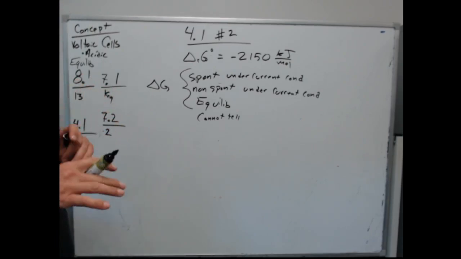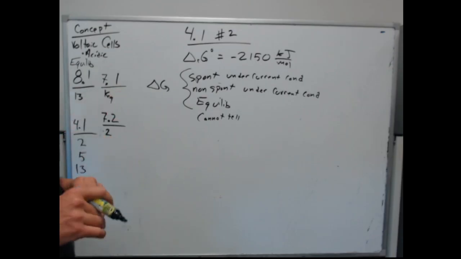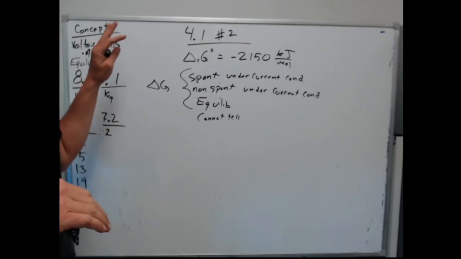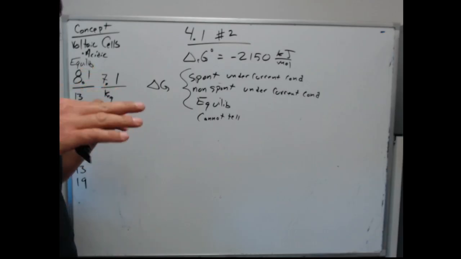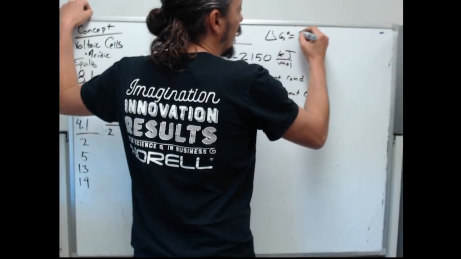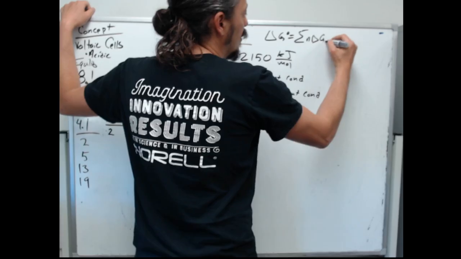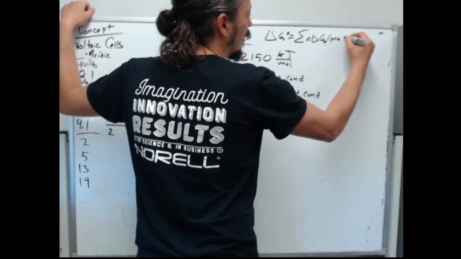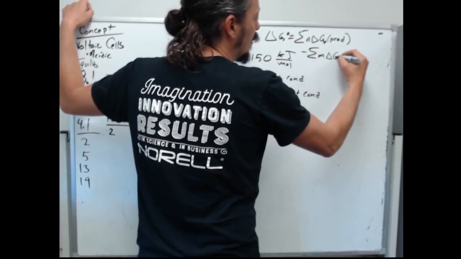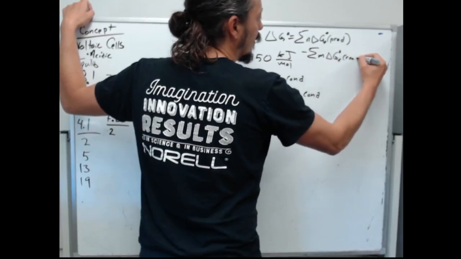Well, that's where you can get into the actual nuanced definition of delta G naught. The actual delta G standard is from some initial all products to some final all reactants, right? So delta G naught can be thought of as the sum of the coefficients times delta G of formation of products minus the sum of the coefficients times delta G of formation of reactants.